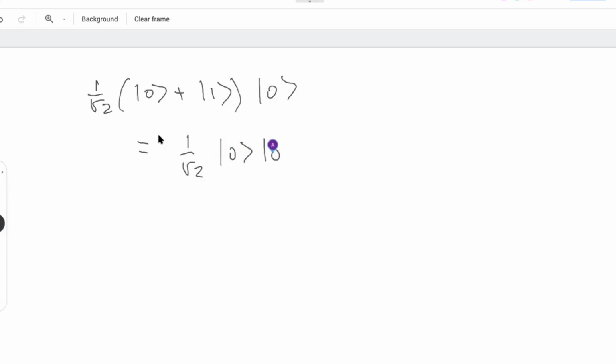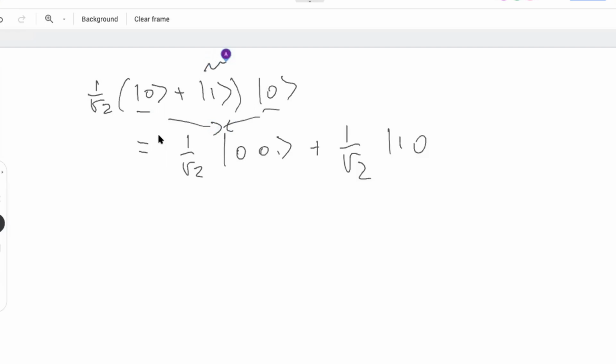Sorry, let me write it like this. Right, so I'm combining first this with this, and this gives me this one. And then I'm combining this with this, and this gives me this one. Okay, that makes sense.